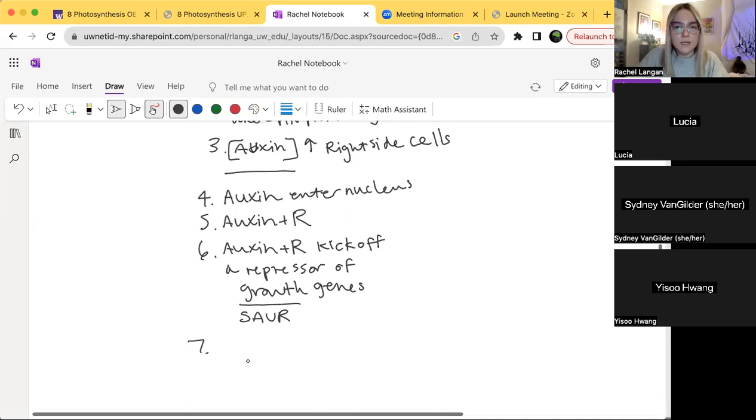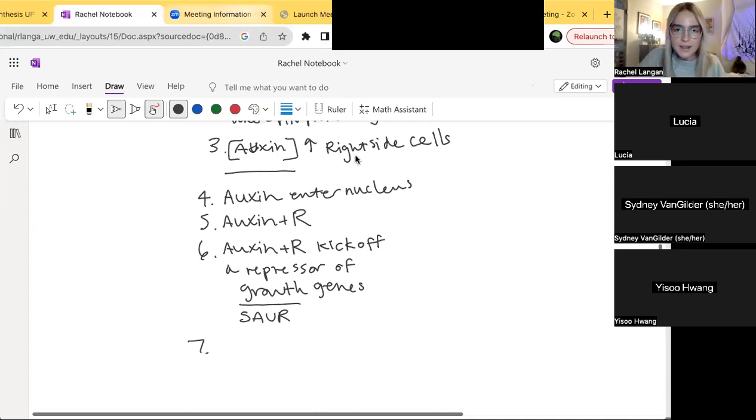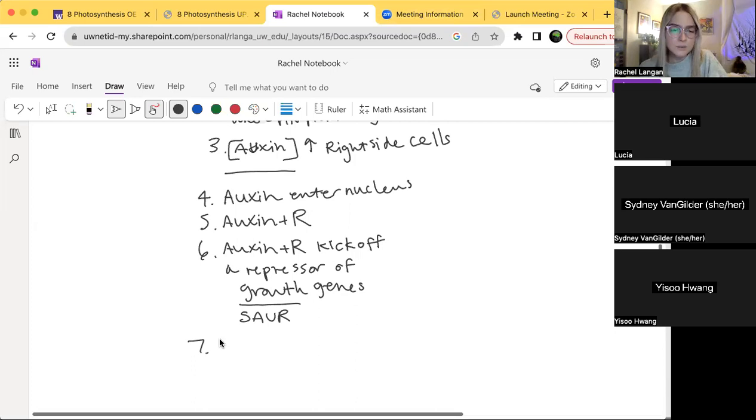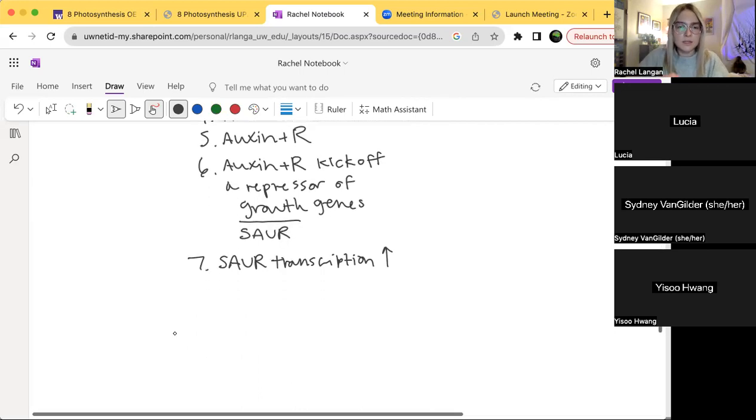So the next step will be, sorry, people keep asking to come in. Next step will be SAUR transcription increases because it's no longer repressed. And what does the SAUR protein do?